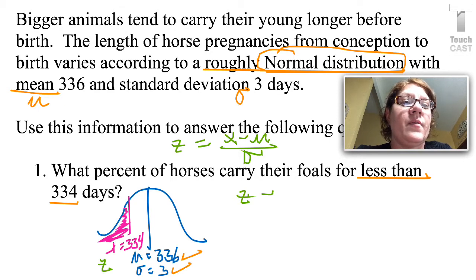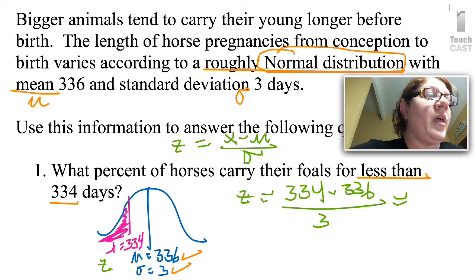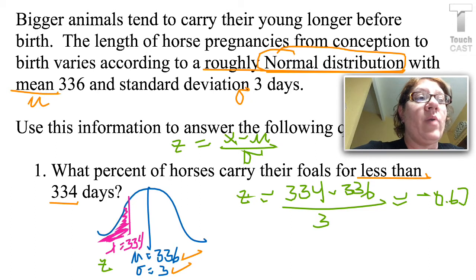So in this case, I'm going to be doing 334 minus 336 over 3, which gives me negative 0.67. I'm going to round it to tenths because my table uses tenths, and then I'm going to go look it up in the table.